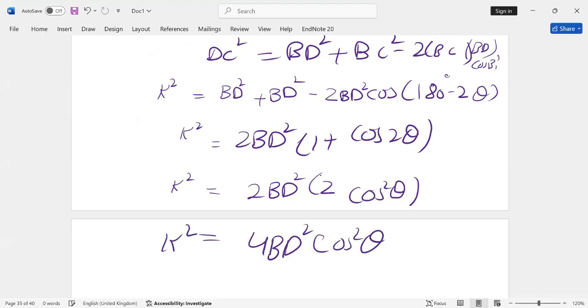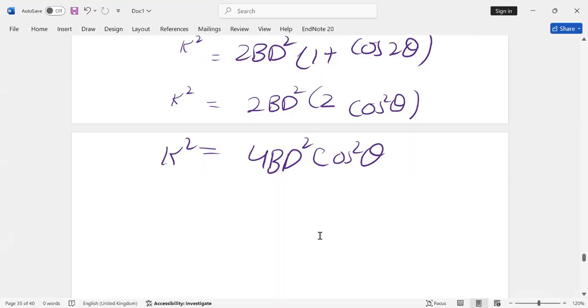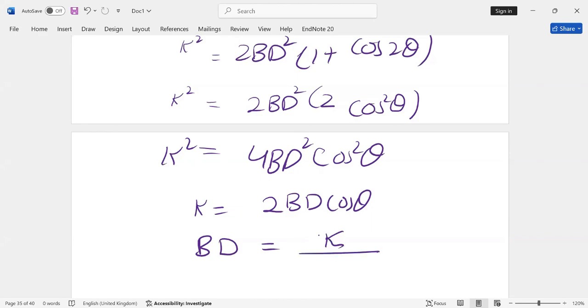That is equal to K square, right? So I'm just going to find the value of BD. So I'm taking the square root on both sides. So we have BD cos theta, and we have BD equals K by 2 cos theta. And this is the required answer that we need to find out, okay?